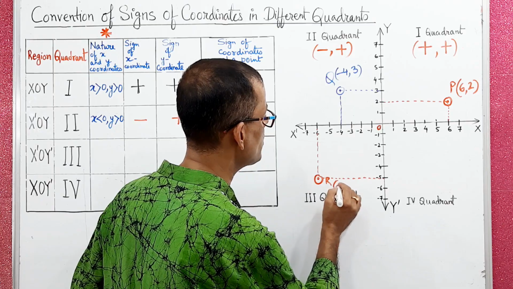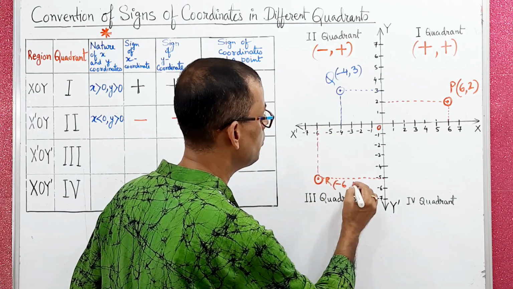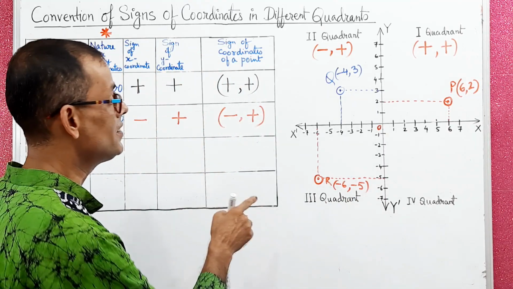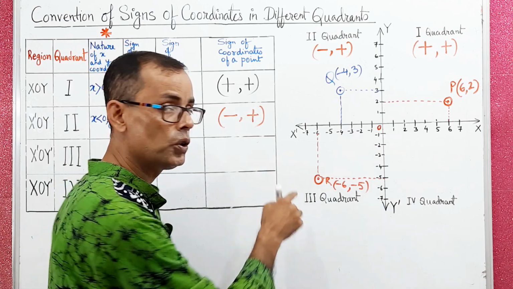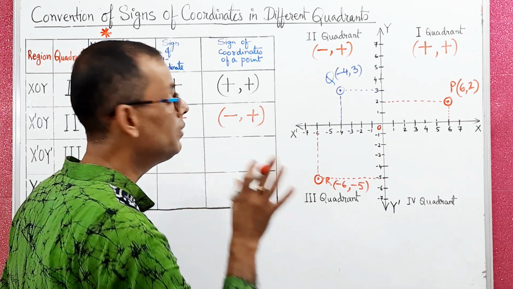So the coordinates will be -6, comma, and this will be -5.